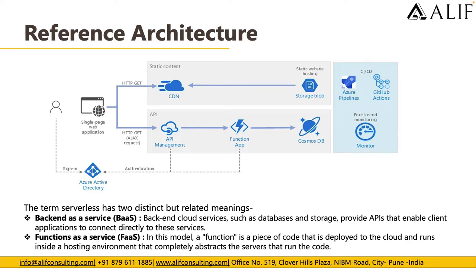In terms of this architecture, there are two components. One is backend as a service, and the second one is function as a service. Backend as a service: backend cloud services such as databases and storage provide APIs that enable the client application to connect directly to the service. Function as a service: in this model, a function is a piece of code that is deployed to the cloud and runs inside a hosting environment that completely abstracts the server that runs the code.